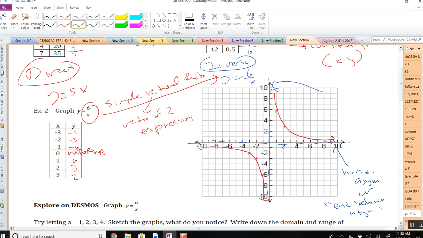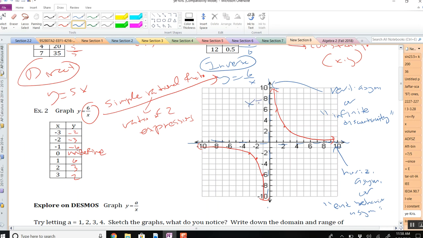That right there we're going to call a vertical asymptote, or we like to call it an infinite discontinuity. Let me write that more neatly. Infinite discontinuity. Okay.